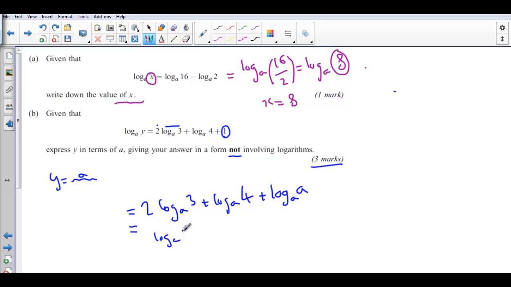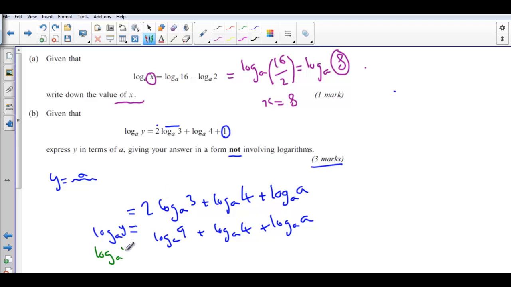So it's log to the base a of 3 squared, which is 9, plus log to the base a of 4 plus log to the base a of a. Just one point to note, it's really tempting to cancel all the logs that we can't at the moment, but you can't do that. You've got to get it as just log something before we can kind of unlog.